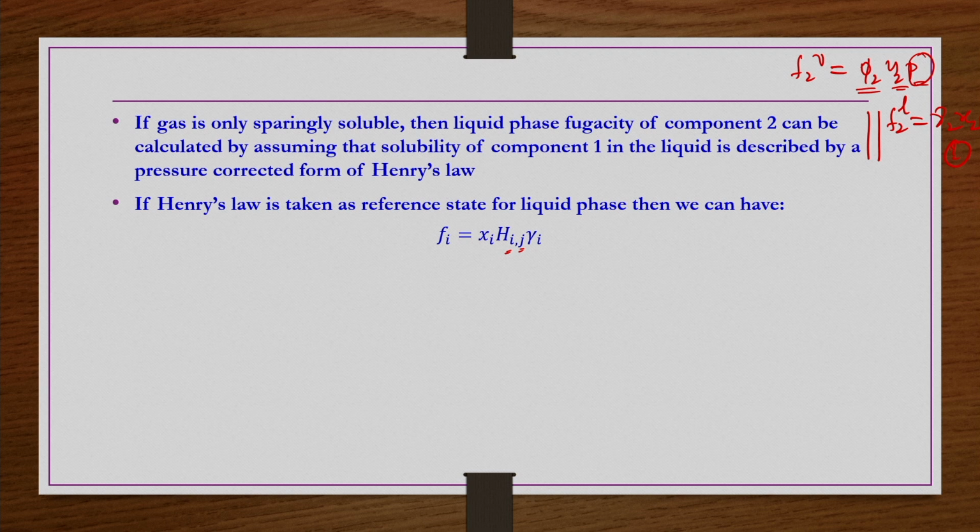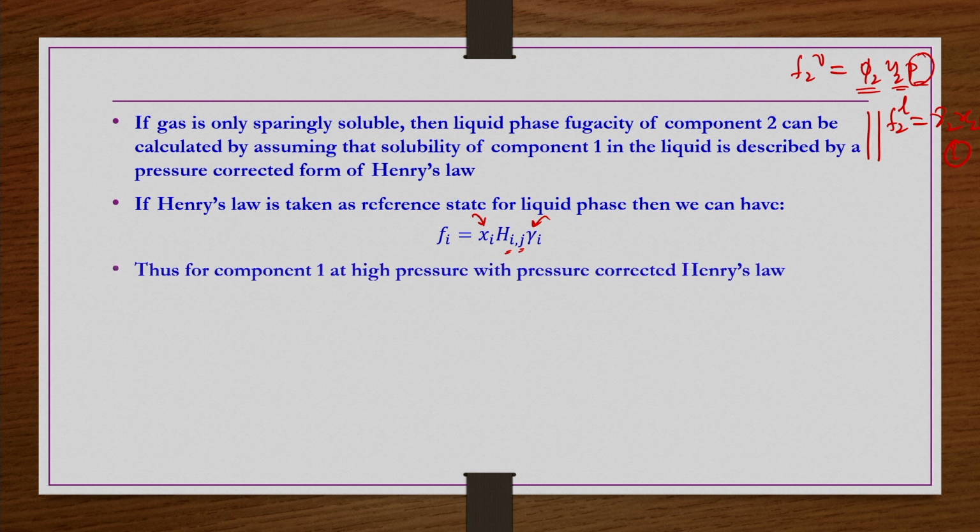That is Hij, that is Henry's constant, that is solubility of J in I. And this Xi is mole fraction of that particular component in the liquid mixture, and this gamma I is nothing but non-ideality of the system because of non-ideality in the liquid mixture, because now the liquid mixture is having some non-ideality. So, this is what we take.